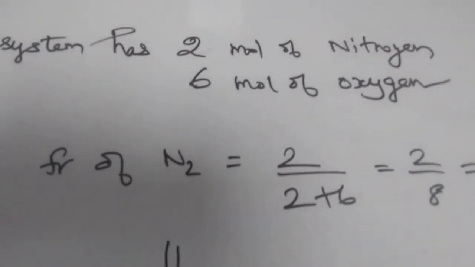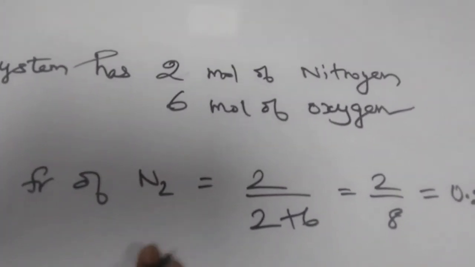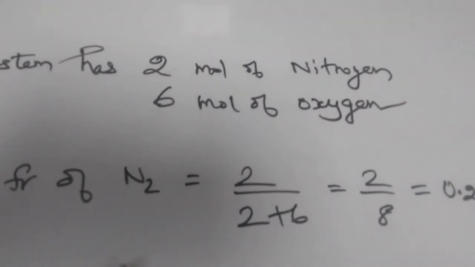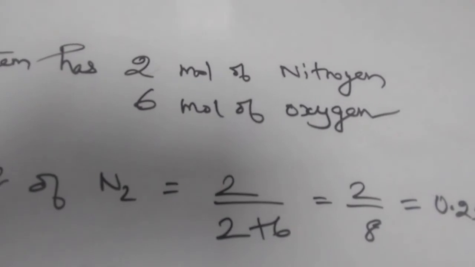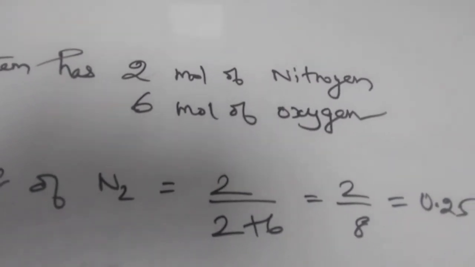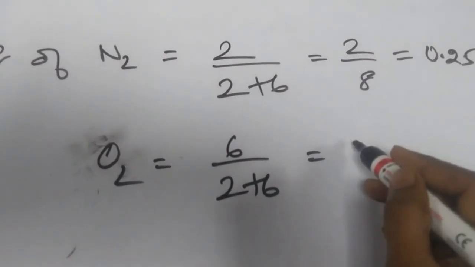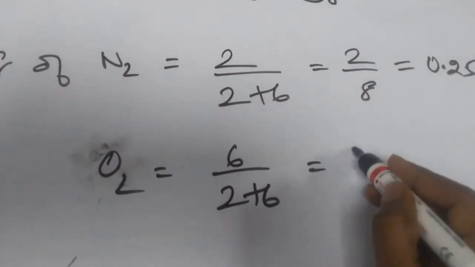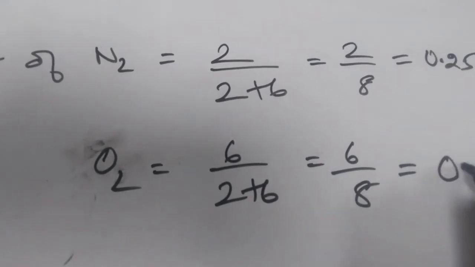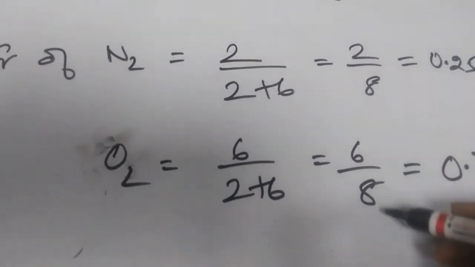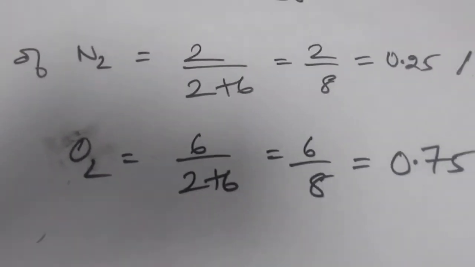Then what is the mole fraction of oxygen? Here I am told 6 moles of oxygen. So then it is 6 by 2 plus 6, which is 6 by 8, which is 0.75. 3 by 4, that is 0.75.